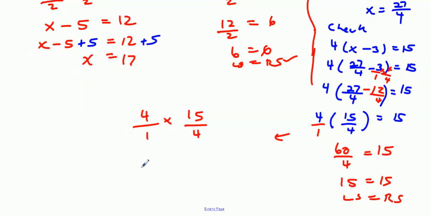So I could theoretically reverse this and write it like this, where I switch the 4 and the 1 on the bottom, and then 4 over 4 is just 1. It just cancels to 1. So really all I'm left with is 1 times 15, which is 15. So I can just cancel these 4's, in other words, and I would be left with 15 equals 15.